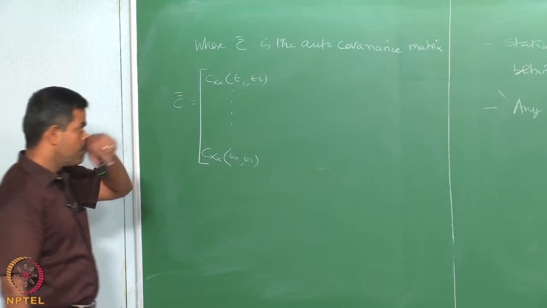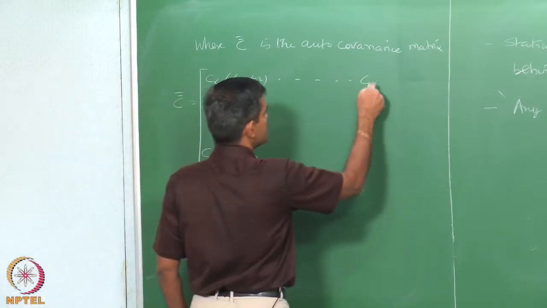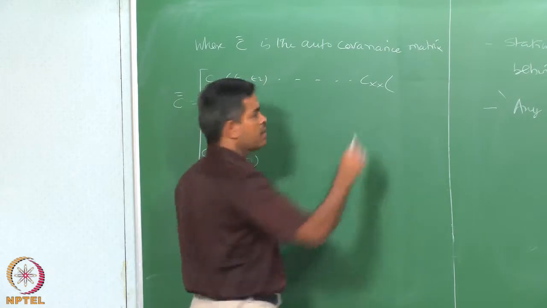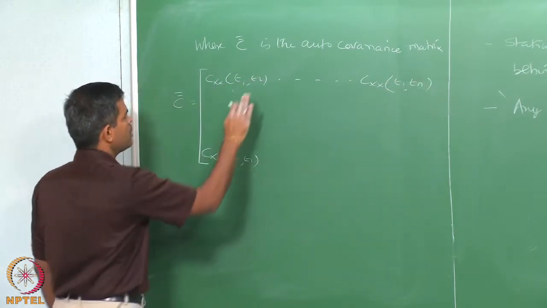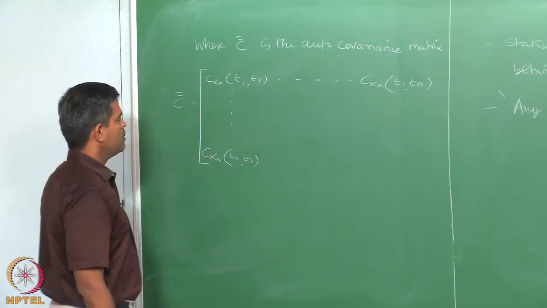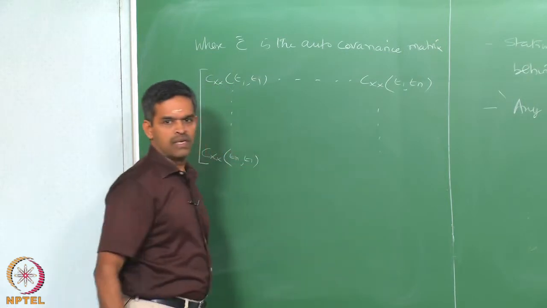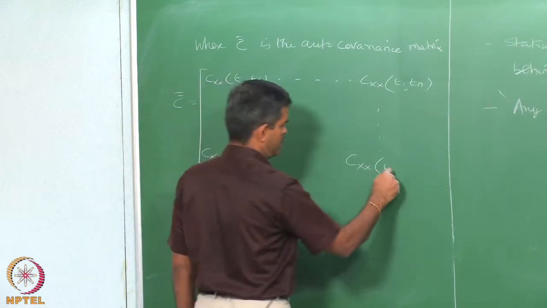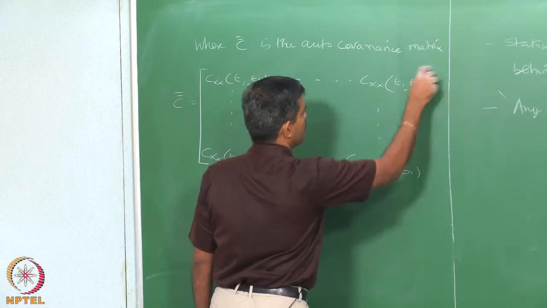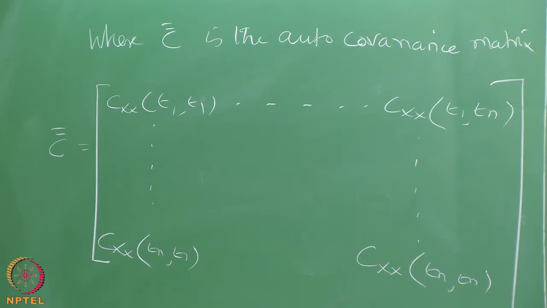Similarly, C x x varying t1 tn, of course, this is going to be t1 t1, okay, and this varies and extends as C x x tn tn. So, that is going to be the autocovariance matrix which is used in equation 10.